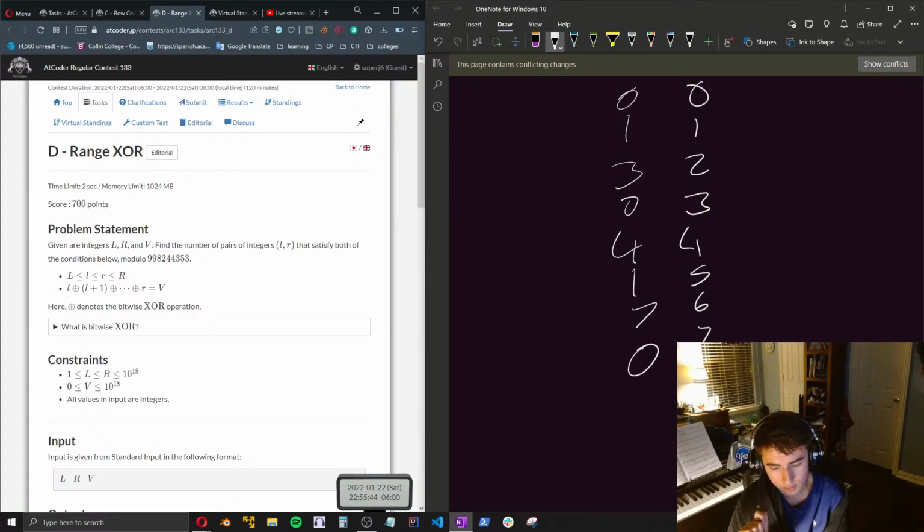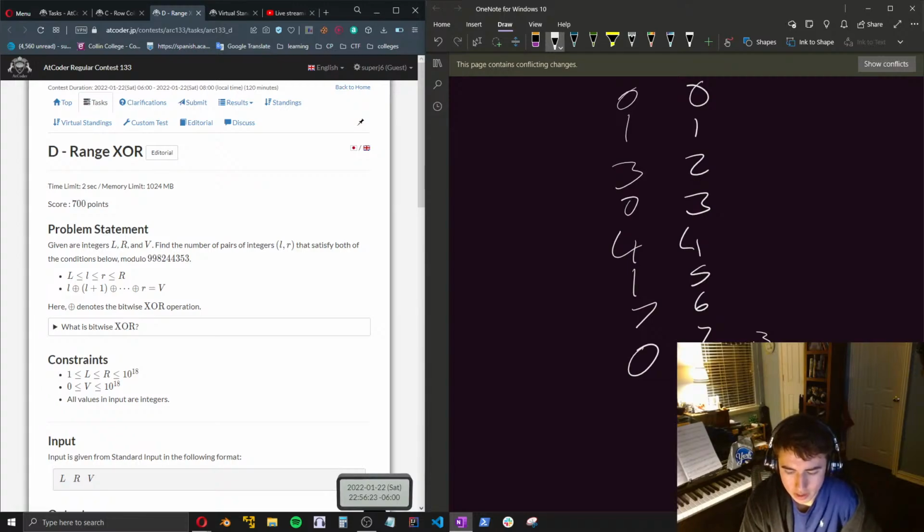We see that 3 modulo 4 is always 0. 0 modulo 4 is always itself. What about the other cases? 1 modulo 4 is always 1. And then 2 modulo 4, what's the 2 modulo 4 place?